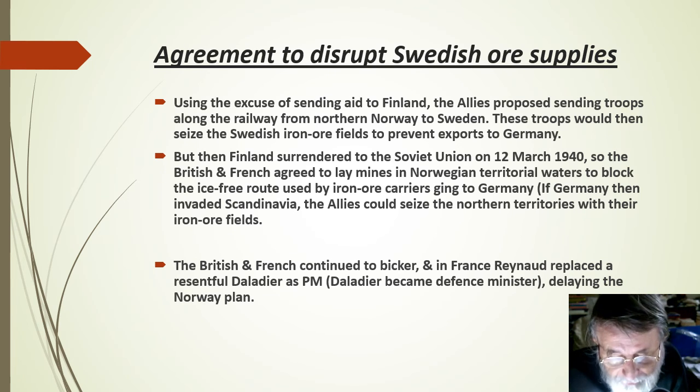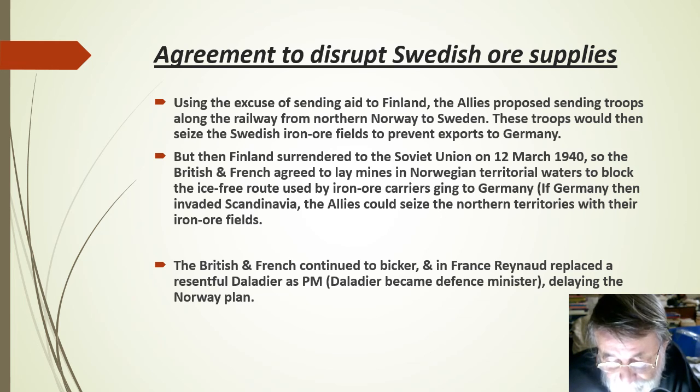Finally, the French and British agreed to disrupt Swedish ore supplies. Using the excuse of sending aid to Finland, they proposed sending Allied troops along the railway from northern Norway to Sweden. These troops would then seize the Swedish iron ore fields to prevent exports to Germany.